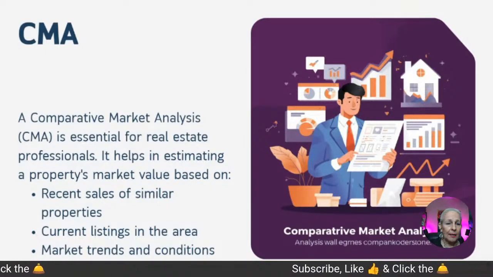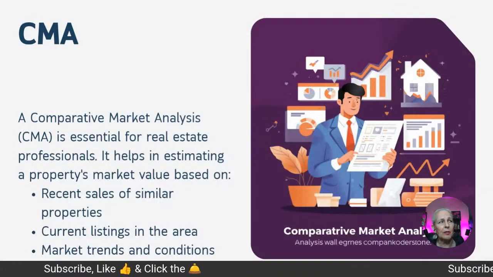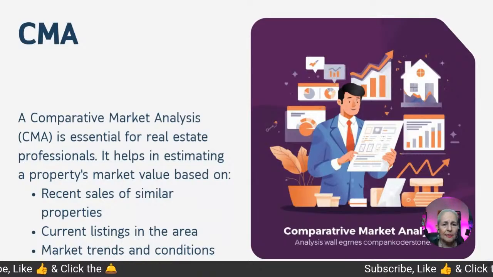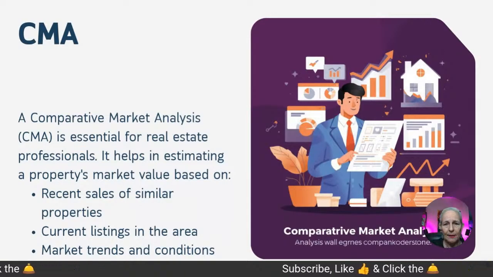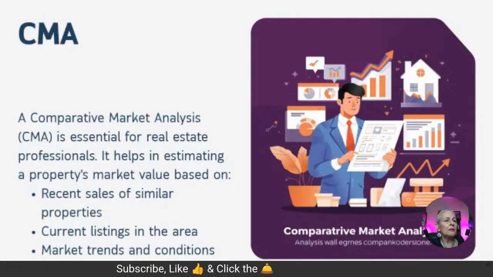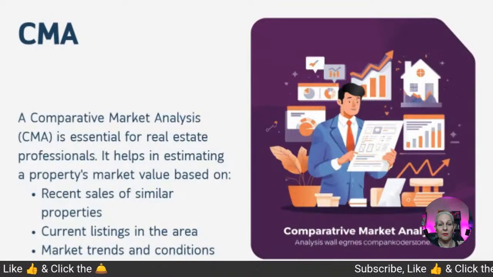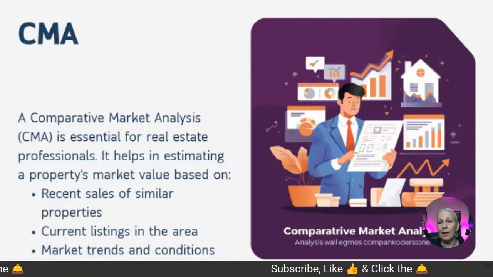So recent sales within 3 to 6 months, current listings in the area, and the market trend. So is the market going up? Is it going down? Is it stable? We want to know that. Sometimes it's stronger within the city than it's in the urban. Some neighborhoods may be stronger and selling better than others because individuals like certain neighborhoods, and so they sell quicker.